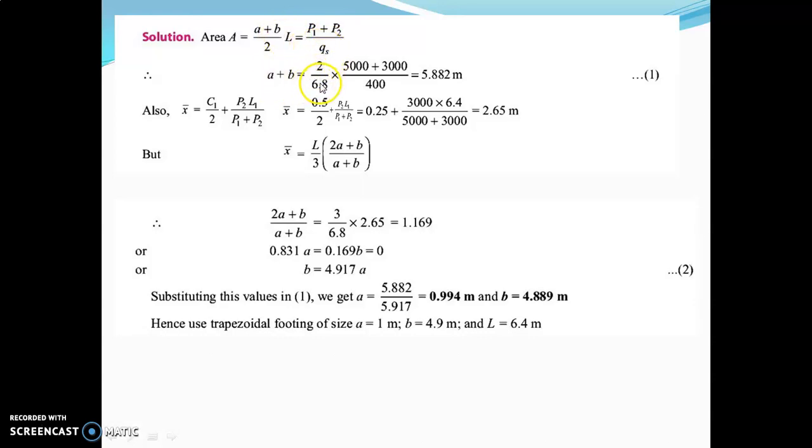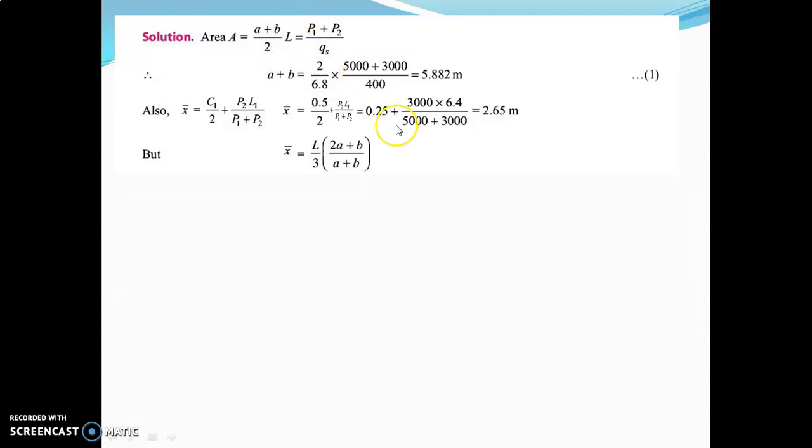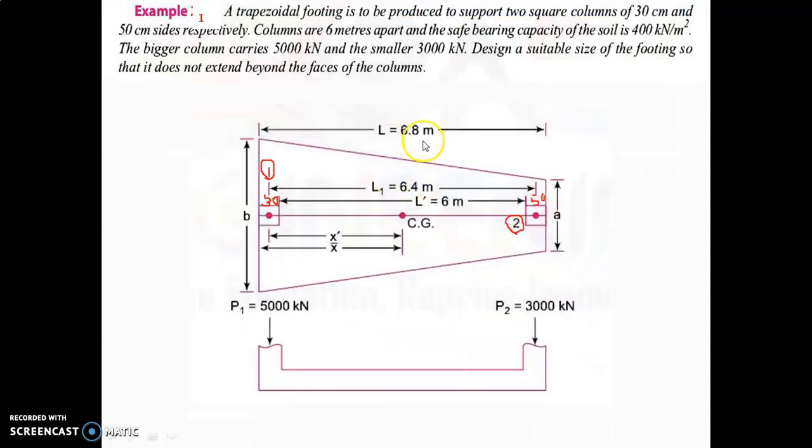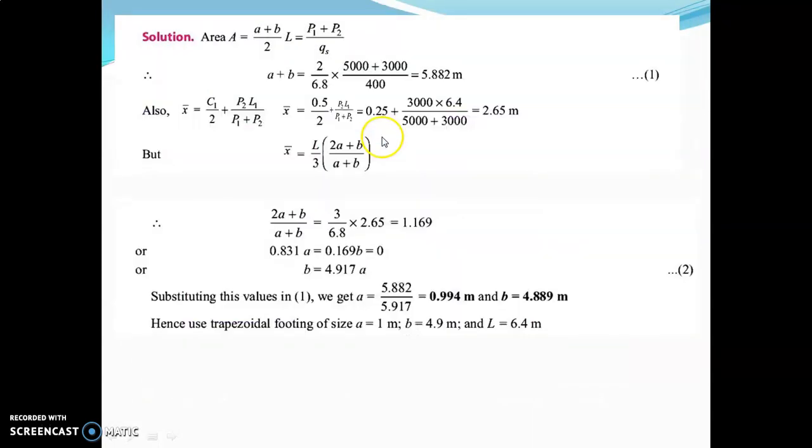So that's why it is written like that. A plus B equals 2 divided by L into (P1 plus P2) divided by QS.